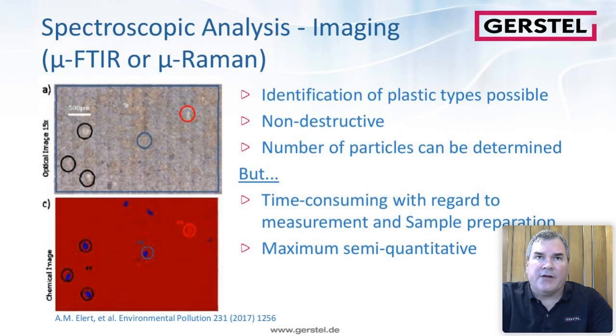So you can actually see all that. However, it's time consuming in regard to sample prep and measurement, and it's at best semi-quantitative. There's no easy way to add all these up and look at these in a numerical fashion other than doing it manually and sorting these things out.